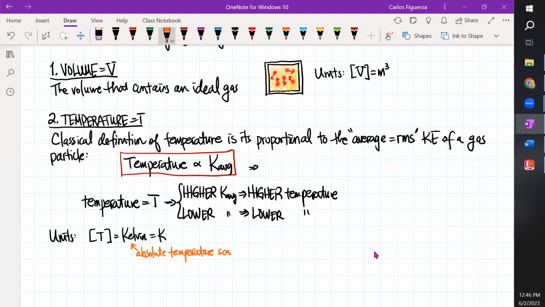Why is it called the absolute temperature scale? Because at absolute zero, which is 0 Kelvin, there is no theoretical motion possible. There is an important conversion between degrees Celsius and Kelvin, which is 273.